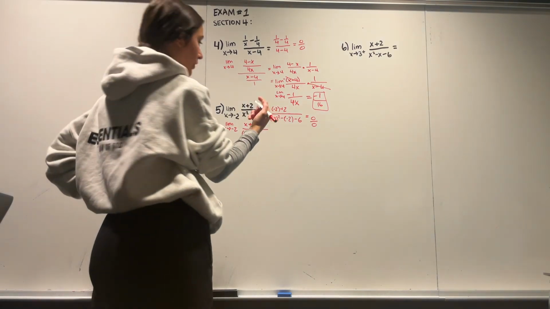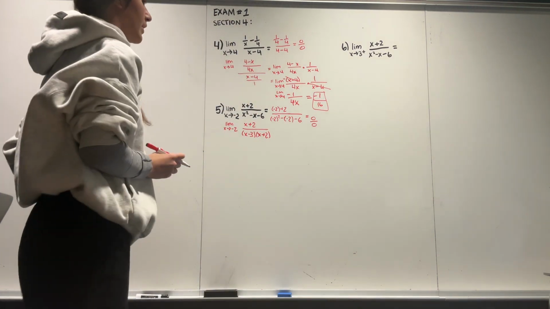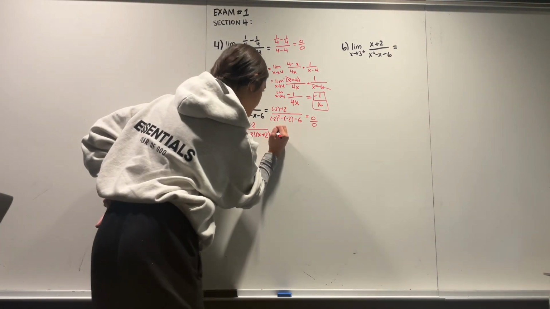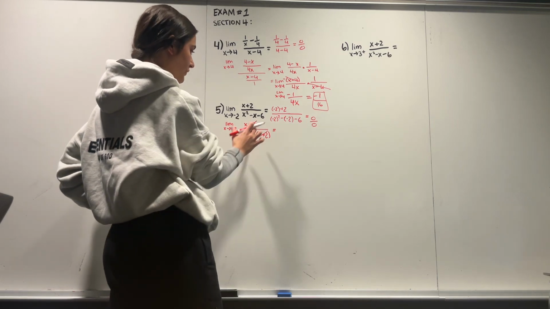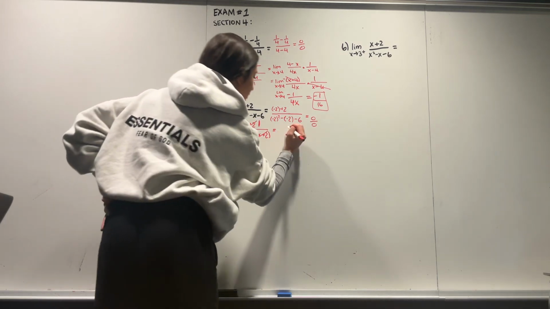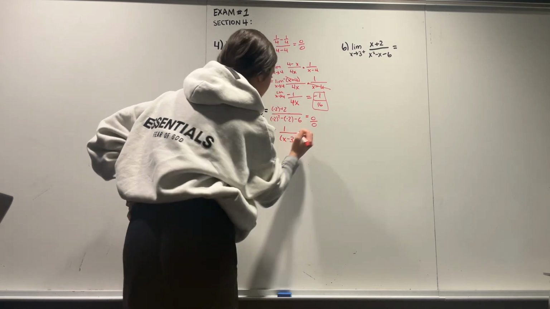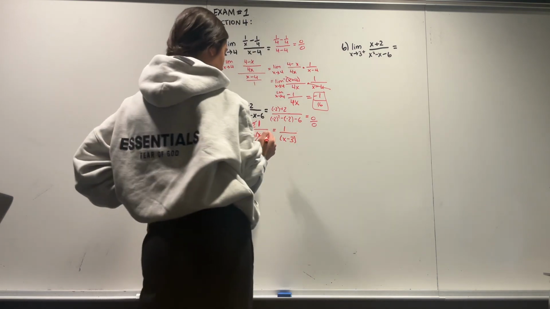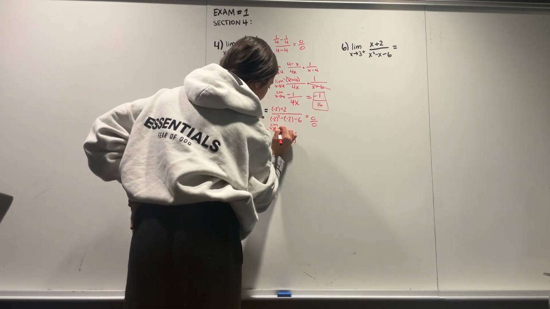It'll be negative 3 and positive 2. So we'll do x plus 2. And then you can cancel these. So then you're left with, this is going to become a 1. So it'll be 1 over x minus 3. And don't forget to carry the limit as x approaches negative 2.